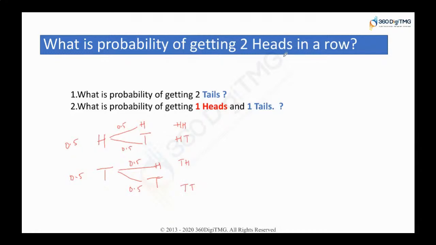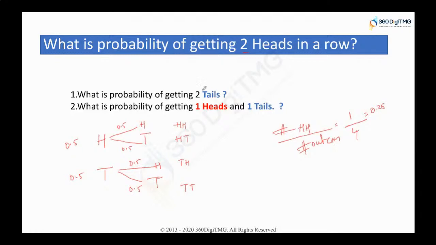So what am I asking here? I want the probability for 2 heads. How do you calculate probability? The number of times you have heads divided by the total number of outcomes is what you calculate as probability. So here I got 1 time head, total is 4, so 1 by 4, the probability being 0.25.